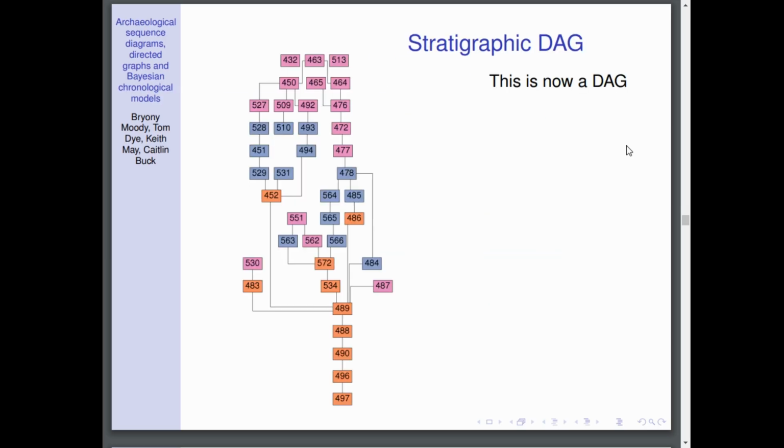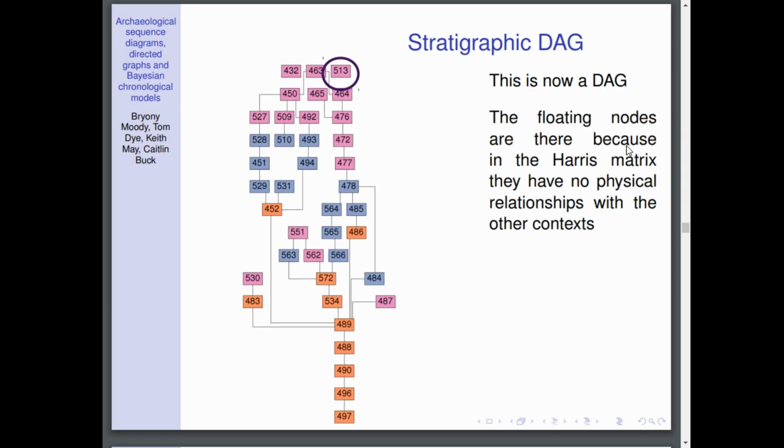So now this is what I call a stratigraphic DAG. This is purely the physical relationships between the contexts. But we have a few issues here. You notice we've got the floating node 5113. The reason for this is that in the Harris matrix, it had no physical relationships with any of the other contexts, other than being a once whole context with 5512, which is now 551, sorry, which is now down here.